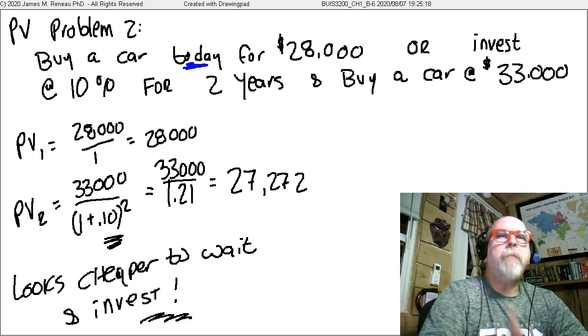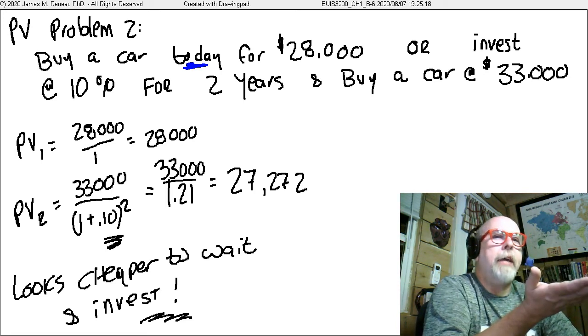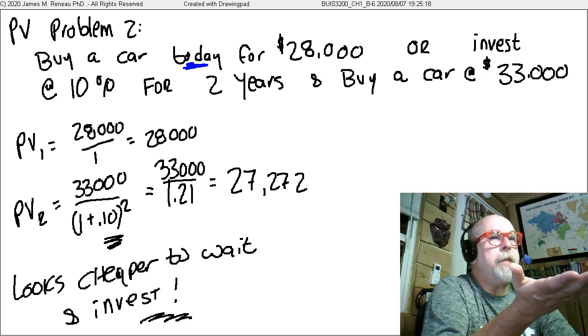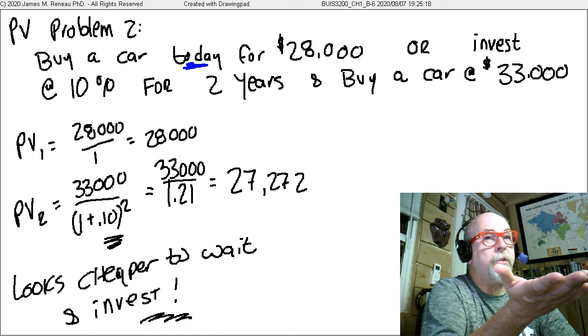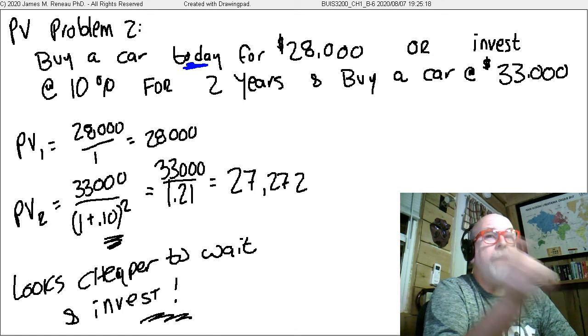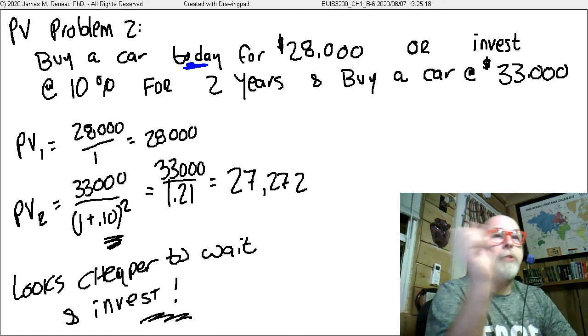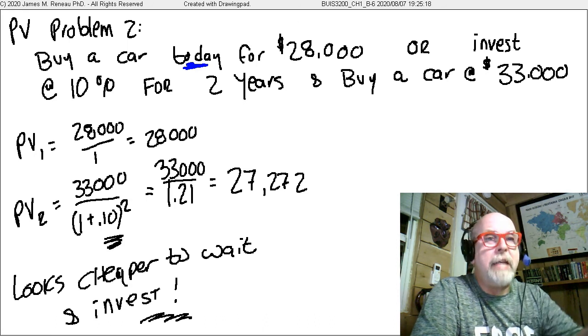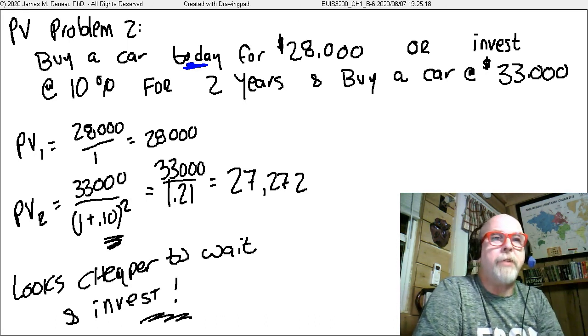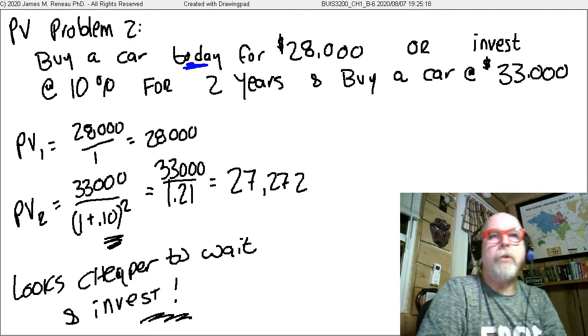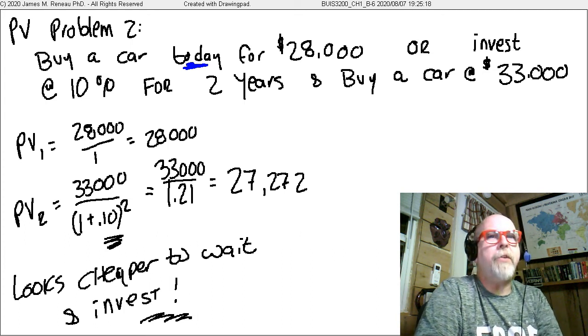So if I took my $28,000 today, invested it for 2 years at 10%, I'll have $33,000. Actually, I'll have more than $33,000 because if I invest 27.3, I can spend $700 today and invest the rest, and I can still buy the $33,000 car in 2 years.